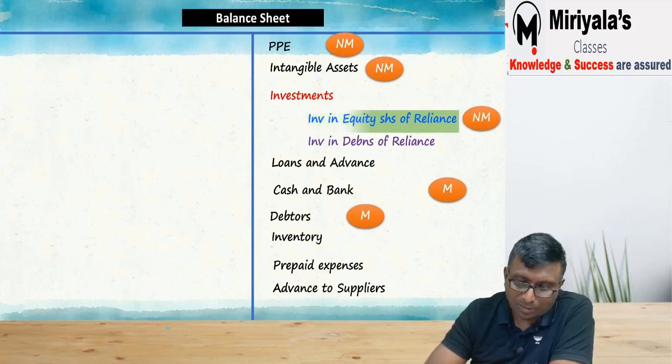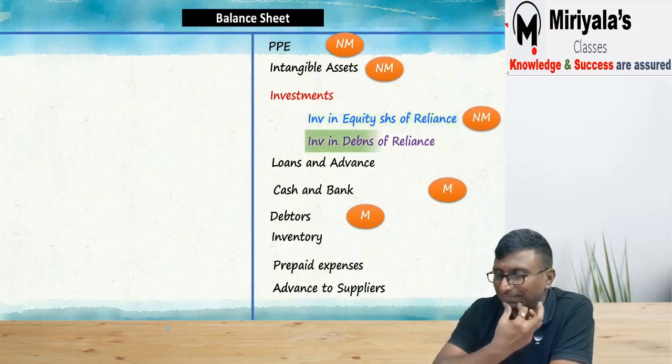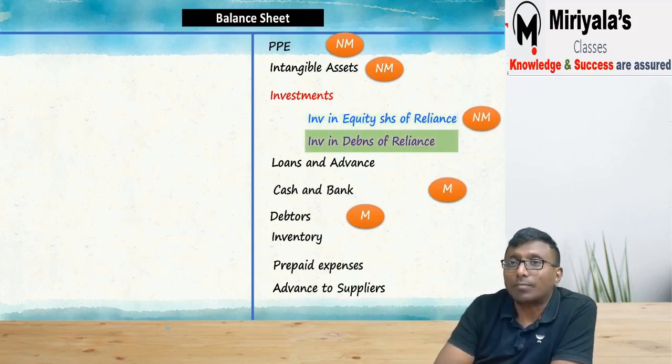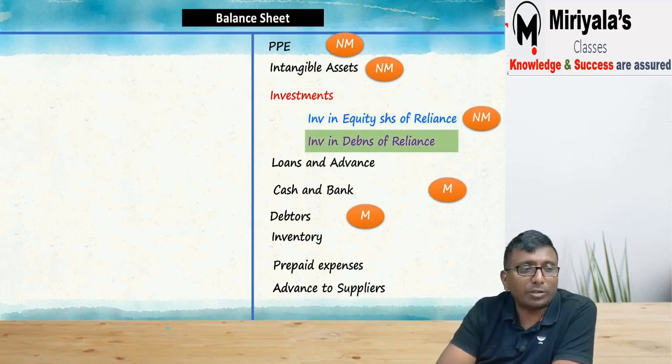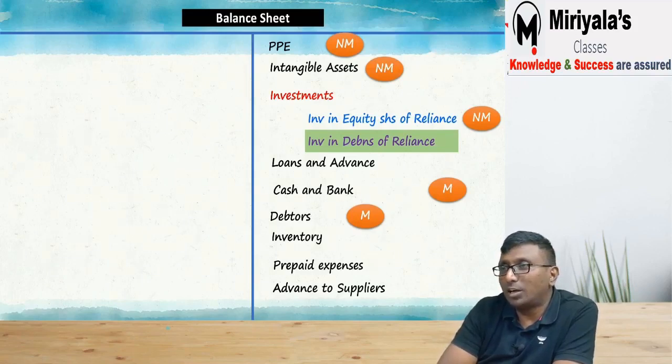Right. What about investment in debentures? Debentures of Reliance company, we bought them. Tell me, what is that? Monetary or non-monetary? Monetary, sure. Correct.